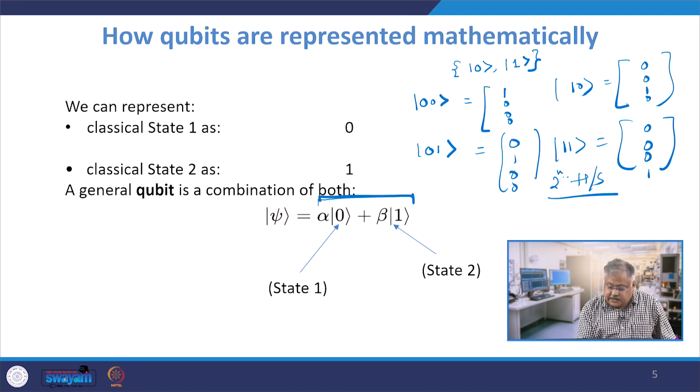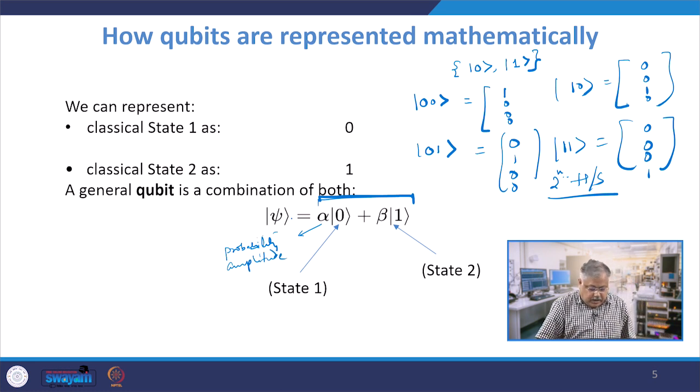These are the basis states, and these are the corresponding weights alpha and beta which you see. They are referred to as probability amplitudes, and both are complex numbers, right. They go on varying depending upon the probability of finding a 0 or 1 at a particular state. Now, a single qubit state will be a superposition of ket 0 and ket 1 with multiplication of the probability amplitudes alpha and beta.